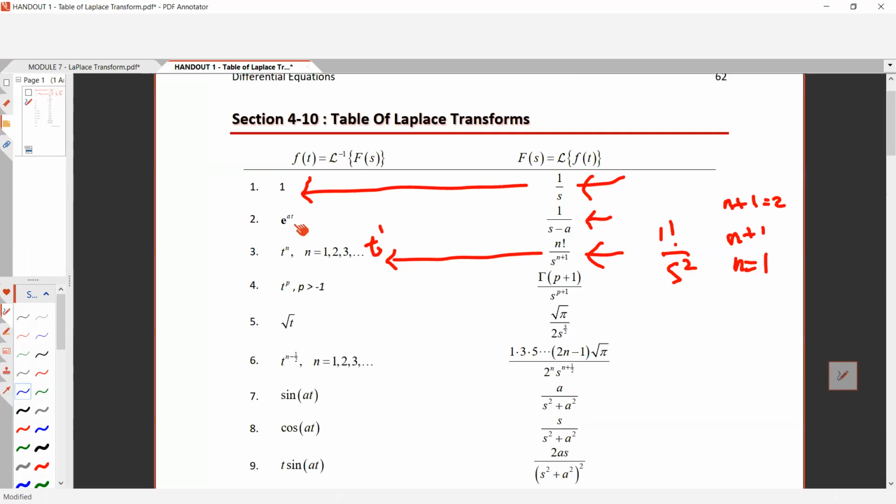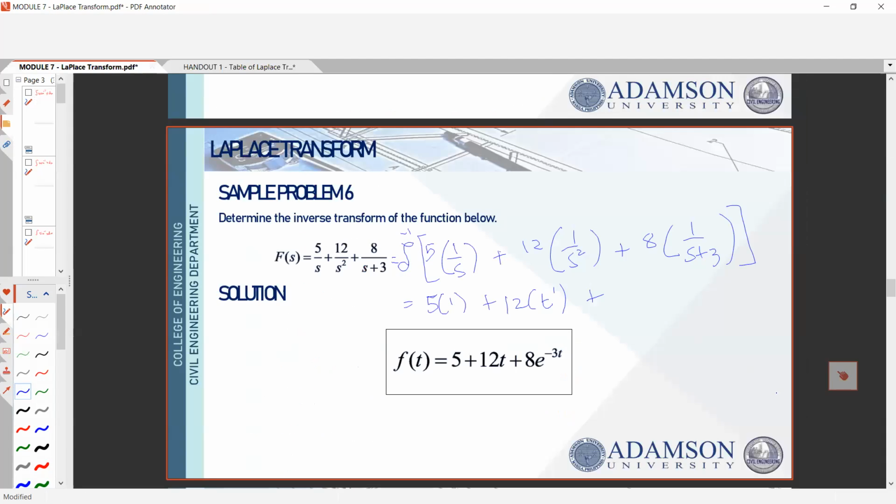Okay, therefore, this one is e raised to negative 3t. Okay, nasusundan po? Okay. So, this is equivalent to 8 multiplied by e raised to negative 3t. Okay, so the final answer will be 5 plus 12t plus 8 e raised to negative 3t.